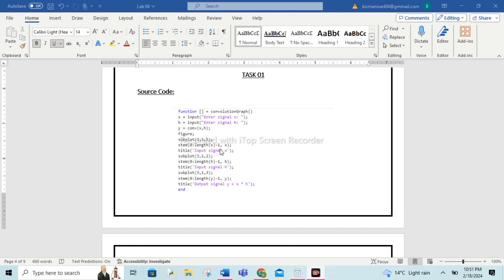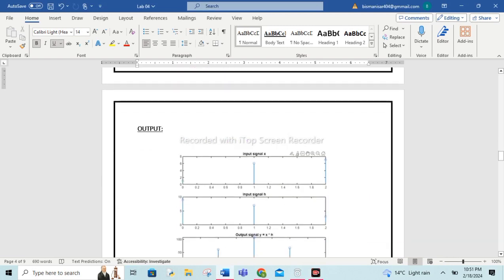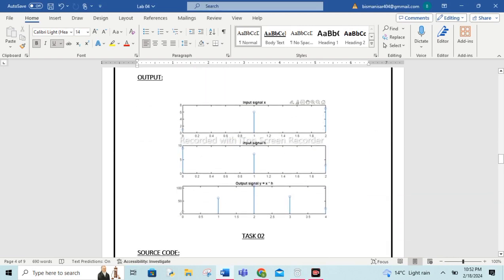Then subplot 3, 1, 2. Then stem for producing h signal, then use title, then again use subplot 3, 1, 3, and then use stem for producing the convolution of both x and h, and we give the title output signal, and then end. The output is like this: input signal x, input signal h, and output signal y is equal to x multiplied by h.